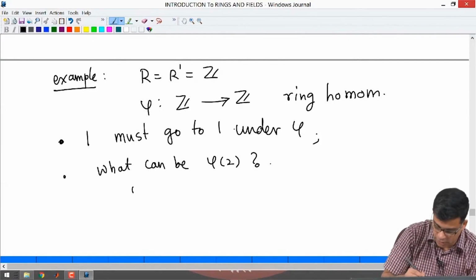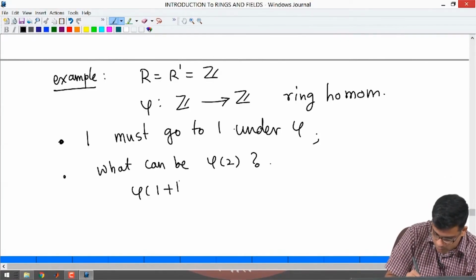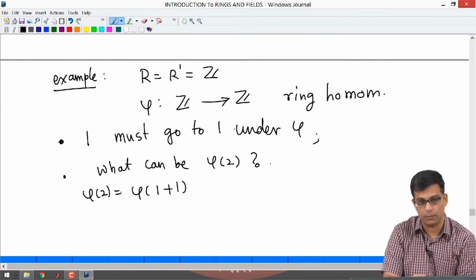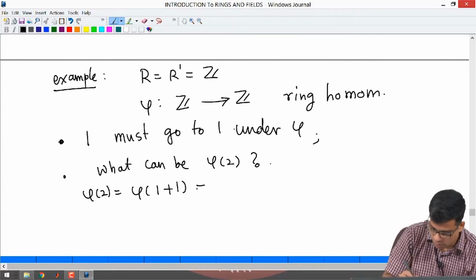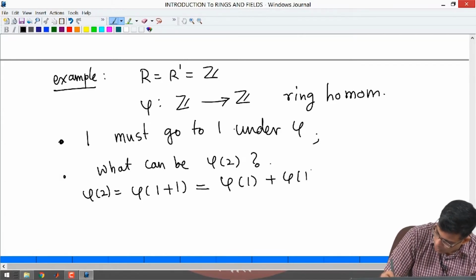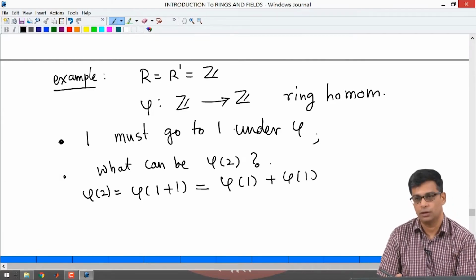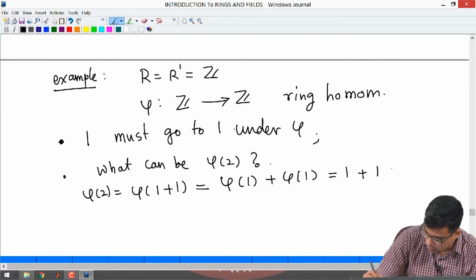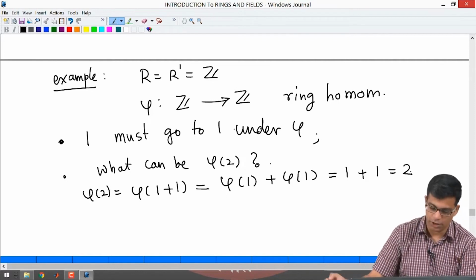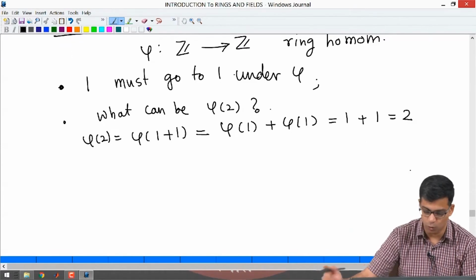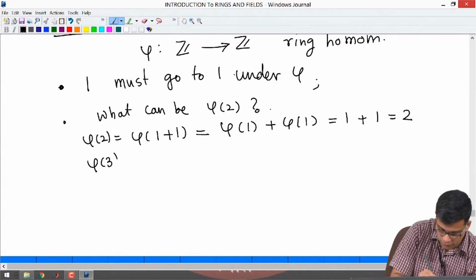Phi of A plus B should be phi of A plus phi of B. So, phi of 2 is phi of 1 plus 1 because 2 is 1 plus 1, but by the ring homomorphism property it should be phi of 1 plus phi of 1, and phi of 1 is supposed to be 1. So, 1 plus 1. In other words, there is no choice for phi of 2 also. Phi of 2 must be 2. What about phi of 3?